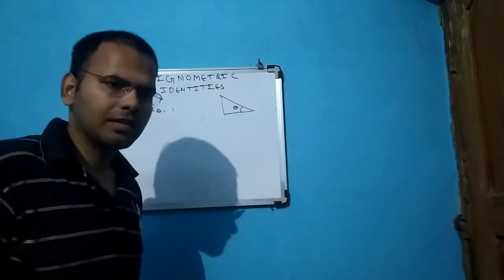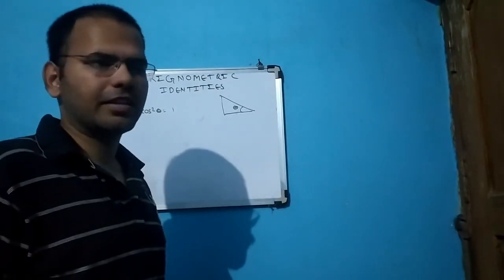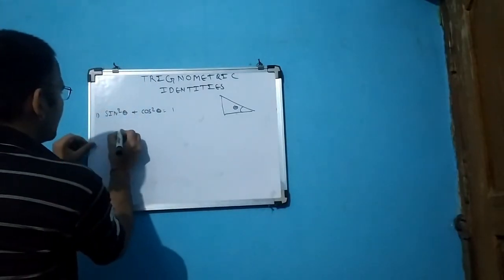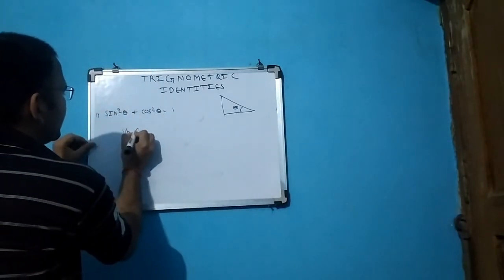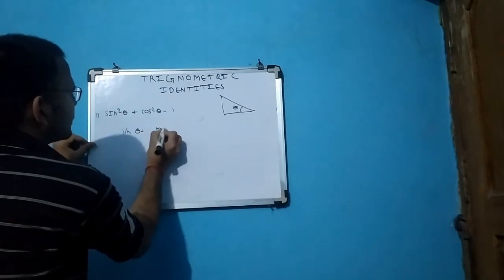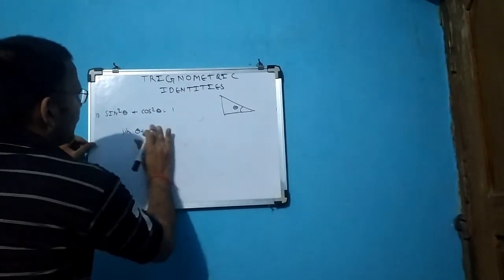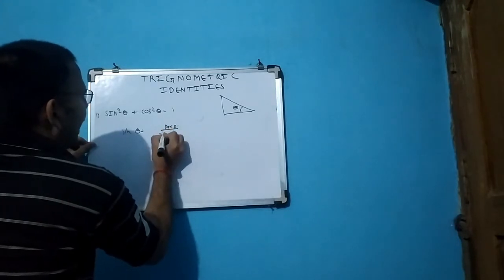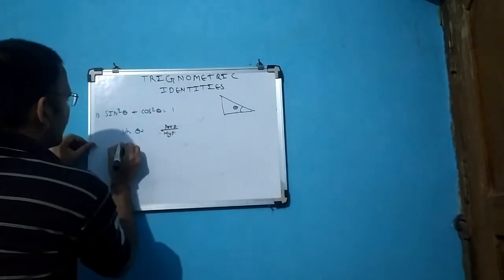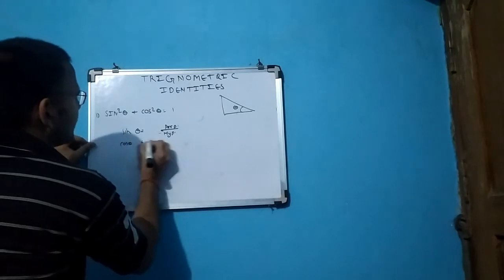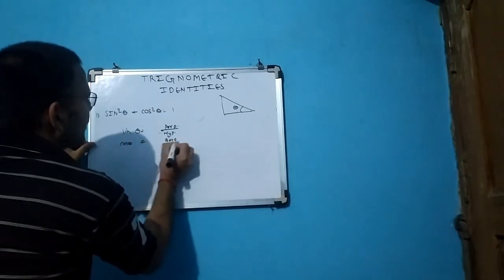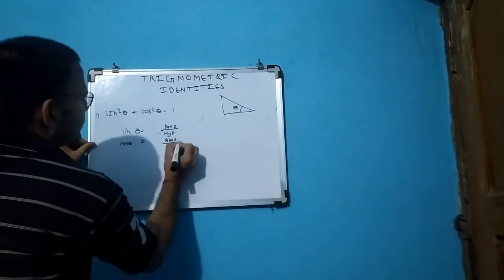How can we say that? Now let's derive this identity to understand it in depth. Sine theta is perpendicular divided by hypotenuse, and cos theta is base divided by hypotenuse.